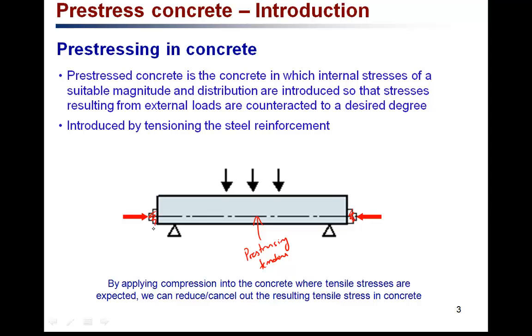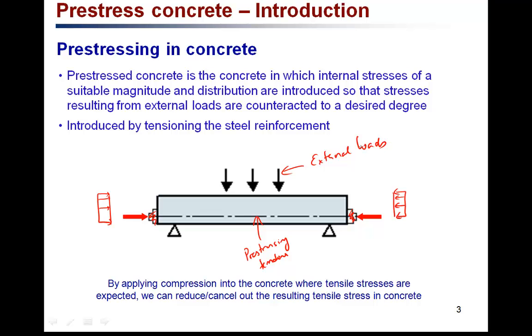These are anchors, and then they are cut. The tensioning of this pre-stressing wire will apply uniform compressive stresses in the concrete, and these compressive stresses will help to counteract the tensile stresses that are developed from these external loads.